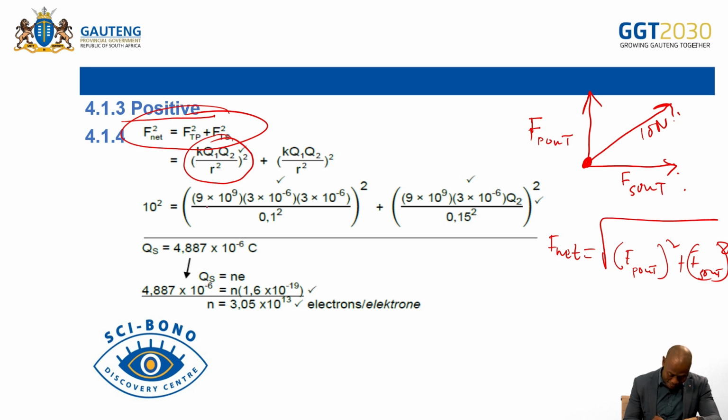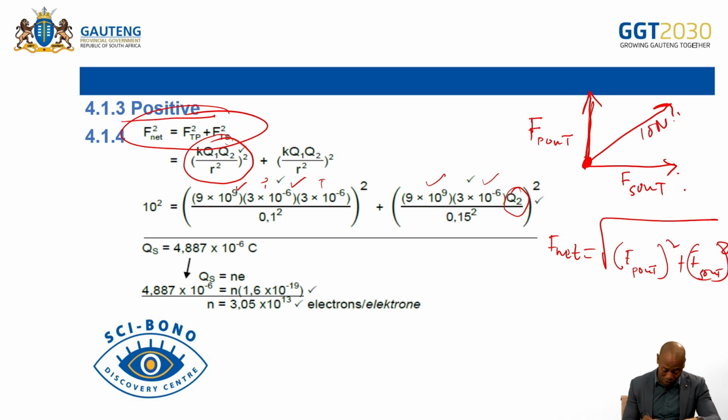FTP is 9 times 10 to the power 9, then Q1 is 3 times 10 to the power negative 6, which is your P. And then your T is negative 3, though remember here you substitute by positive. Divide by 0.1, which is the distance here, right? Then F of T on S: 9 times 10 to the power 9, and then your T is 3 times 10 to the power negative 6. Then you are looking for your Q2.